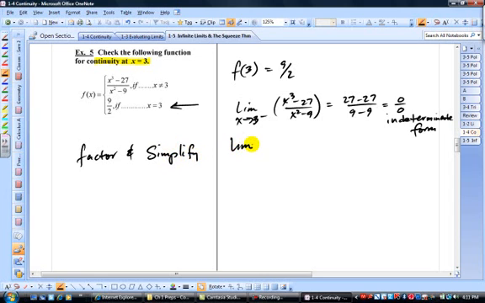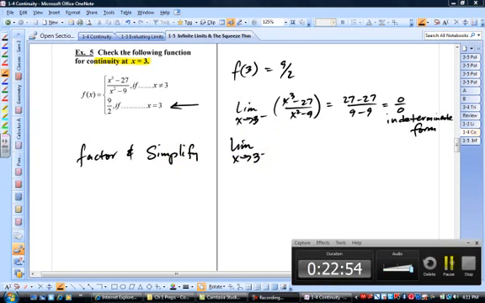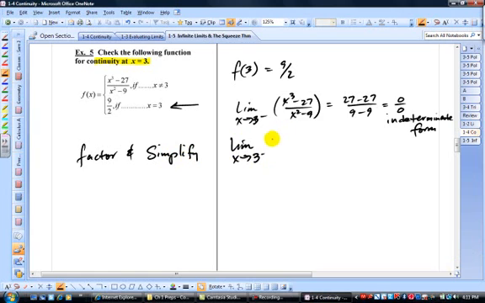So let's do that. We are going to take a look at the numerator there, and we're going to factor it because it's the difference of cubes. We're going to factor it as x minus 3 times x squared plus 3x plus 9, all divided by x minus 3 times x plus 3.